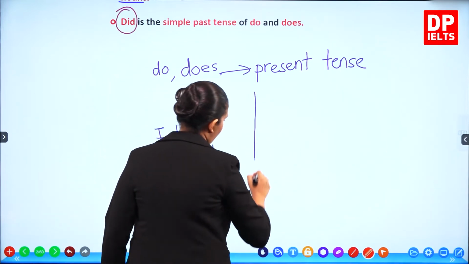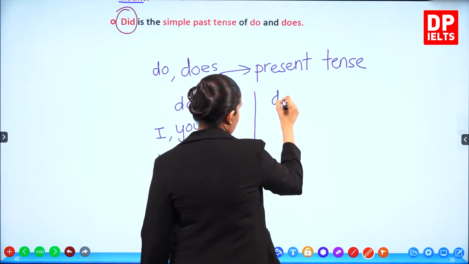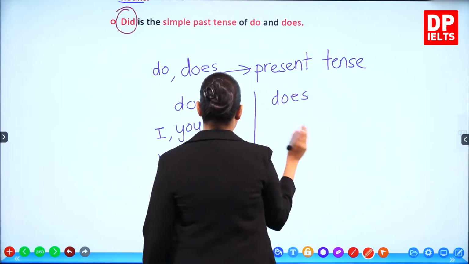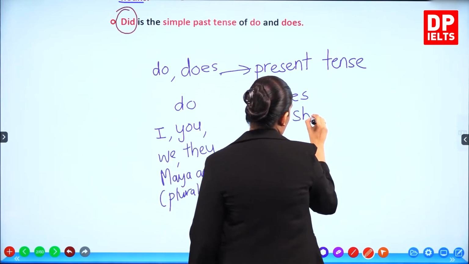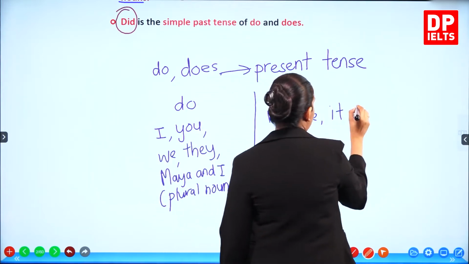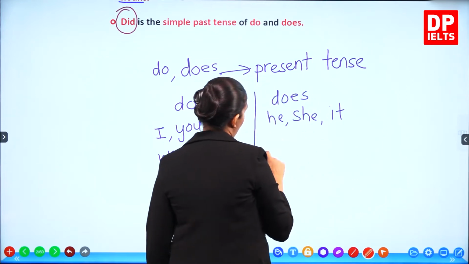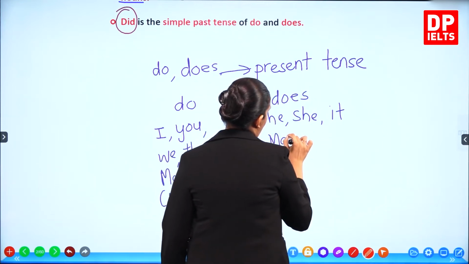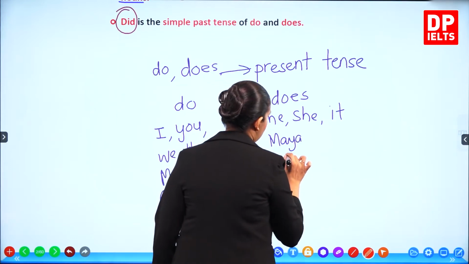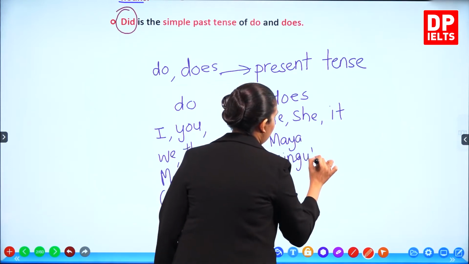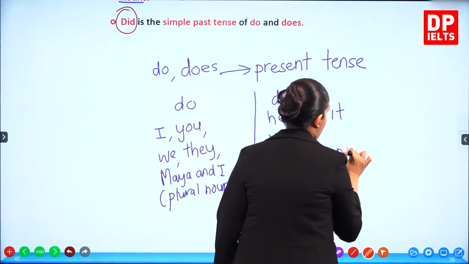On the other hand, does is used with he, she, it, as well as Maya. That is with singular nouns.